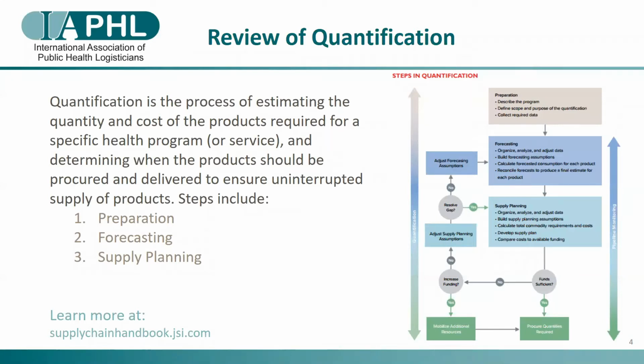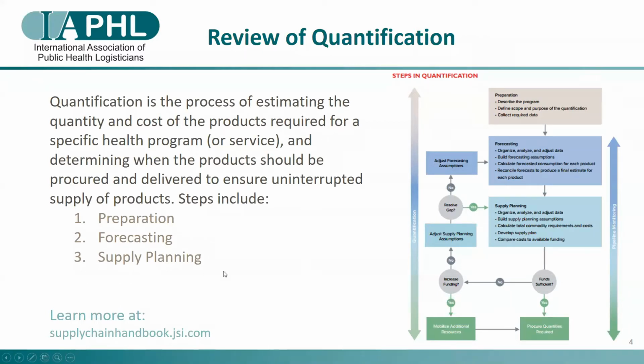There are 3 steps usually in quantification. The first one is represented in the box here, preparation. In the blue box, the second step is forecasting. And in the last box, we have supply planning.